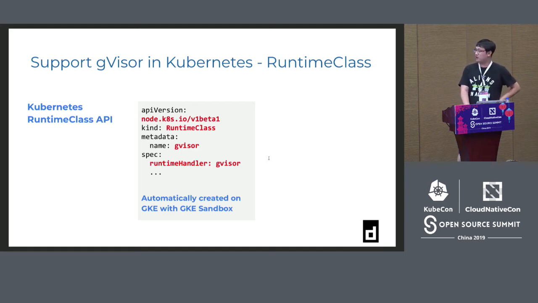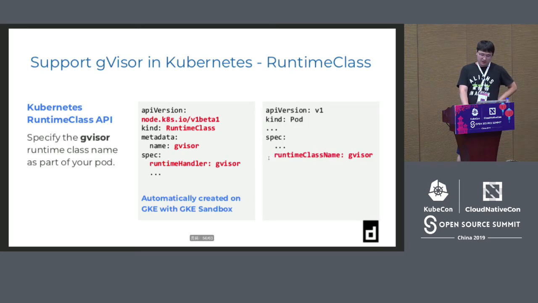This is at the containerd level to support gVisor, and on the Kubernetes side, we also need to make some changes. When we start a pod, we need to tell Kubernetes it will run in gVisor, so we have an API called RuntimeClass. For different runtimes, you can define a runtime class, and then when you start a pod, you can use this runtime class.